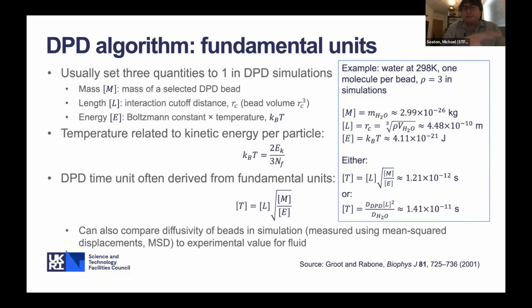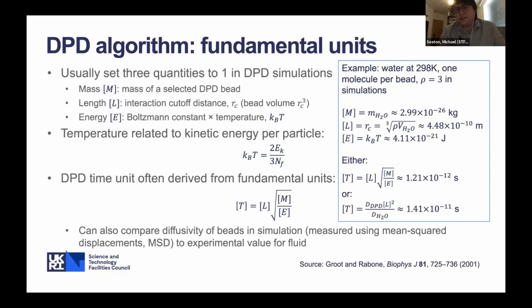And so I've got an example here for water at room temperature, where we're assuming there's 1 molecule per DPD bead, and we're also using a bead density of 3. So it means that the equation of state I showed in the previous slide will definitely work.